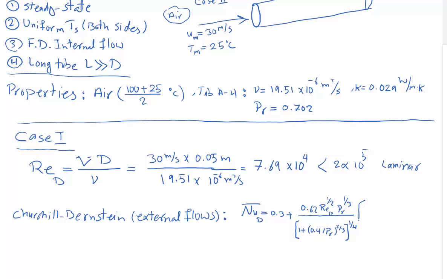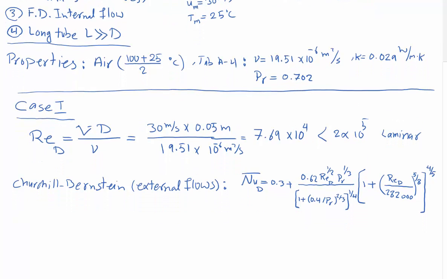And this should be multiplied by another term, 1 plus Reynolds number found with D as the length scale over a constant 282,000, raised to 5/8, and the whole bracket is raised to 4/5. So we have this correlation which we can use for the external flow for case 1.